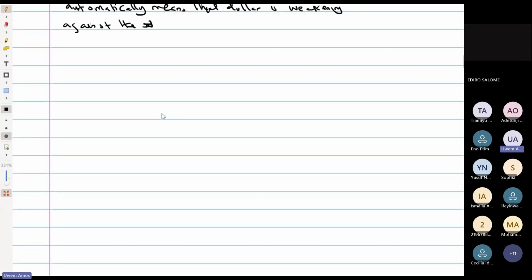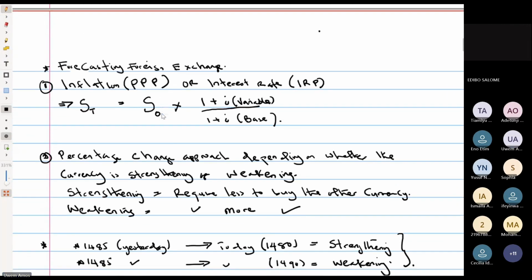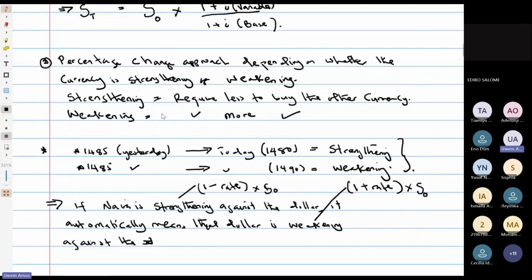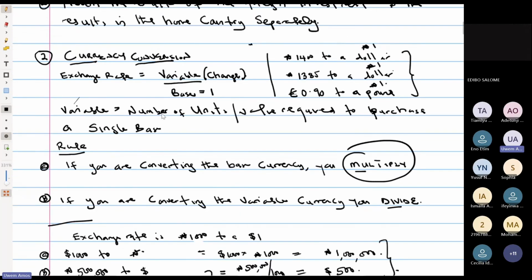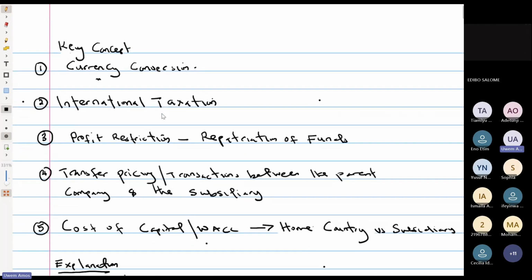If the Nigerian government is saying you can only move after 1 year, it means that what we make in year 1, we will move in year 2. What we make in year 2, we will move in year 3. But if there is no restriction, you can repatriate everything. So in terms of repatriation, please pay attention to if there is any in the question and compute accordingly.